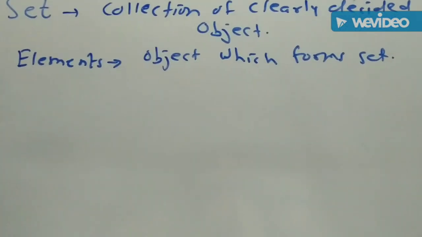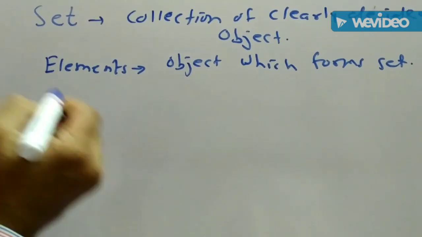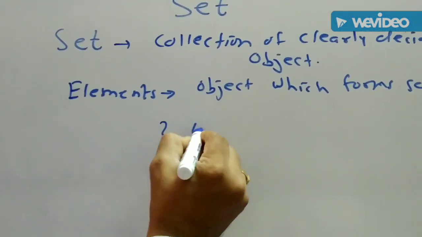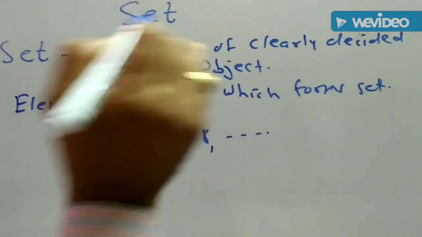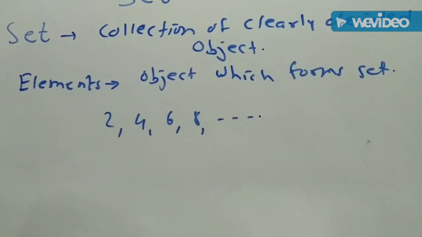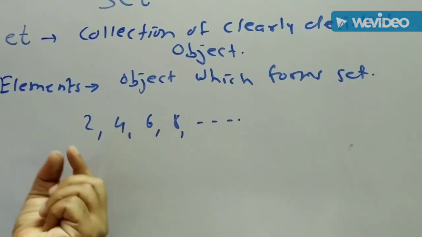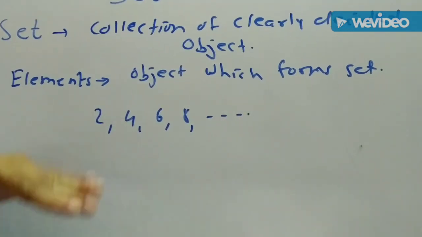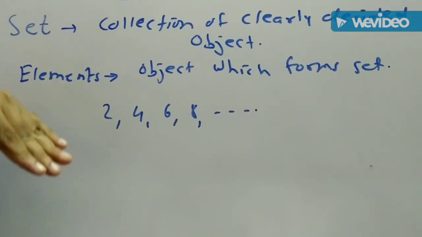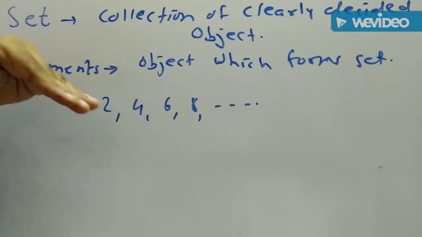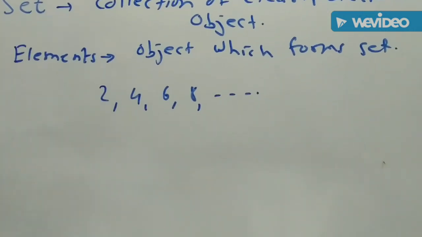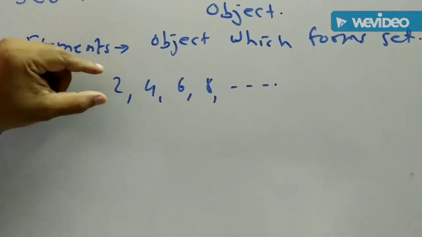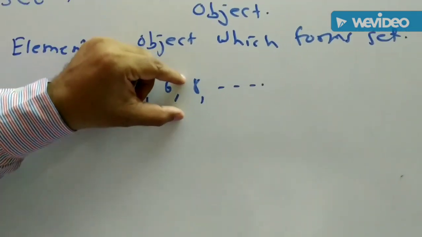Then the name of the set. For example, firstly we take 2, 4, 6, 8. This is a collection of clearly defined objects. The objects are 2, 4, 6, 8, and so on. Which objects are these? These are the even numbers among the natural numbers, the collection of all even natural numbers.